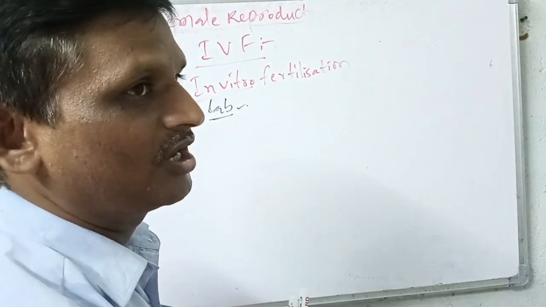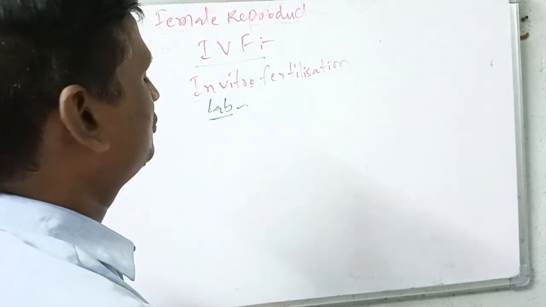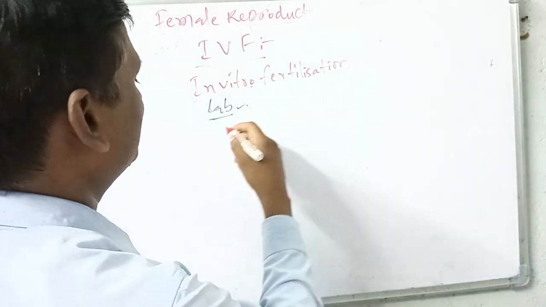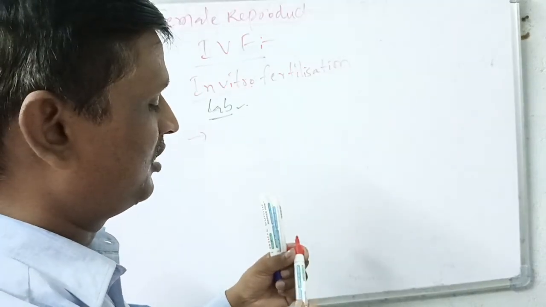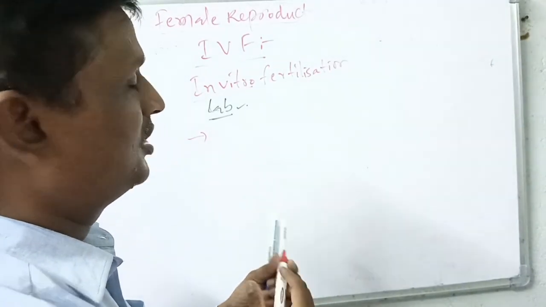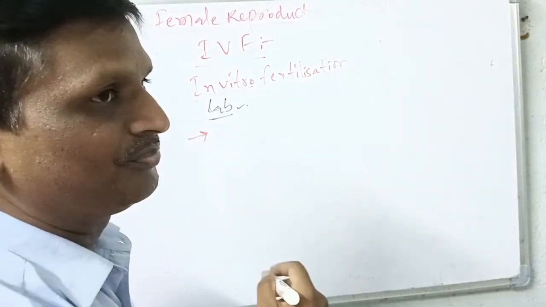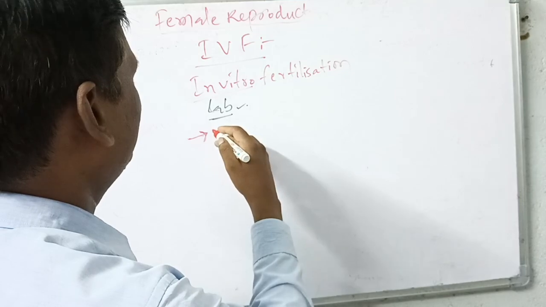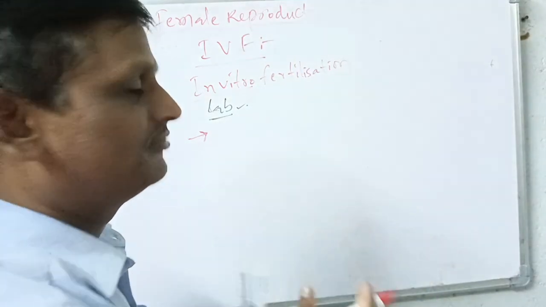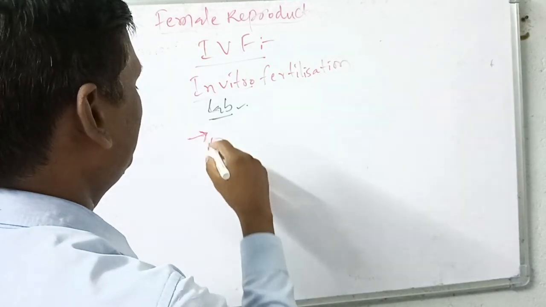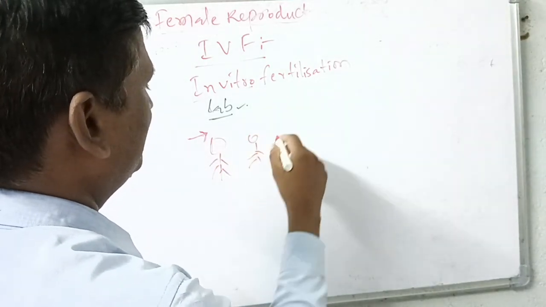There are persons who have natural fertilization and implantation of the embryo, and persons who do not have natural fertilization. Suppose there are couples who do not have natural fertilization, so they do not have any children. In that condition, what will be done? Generally, the male and female gametes are taken out of the body. For example, from the female the ovums are taken out, and from the male the sperms are taken out.